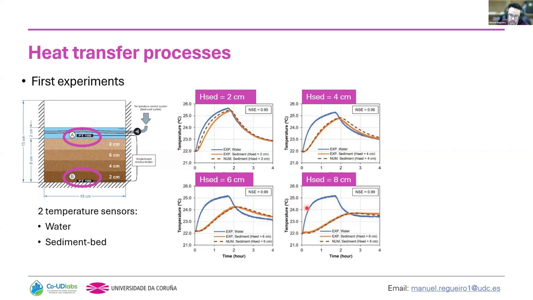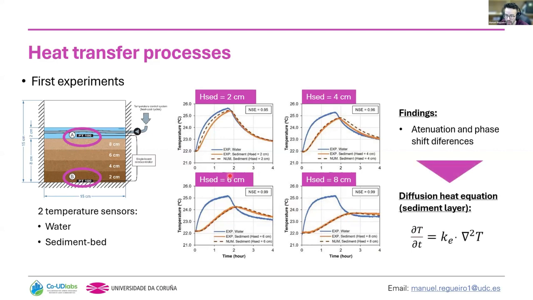By analyzing this with the heat transfer equation, we found this attenuation and shift. Simulating and modeling this equation gives these dashed lines.